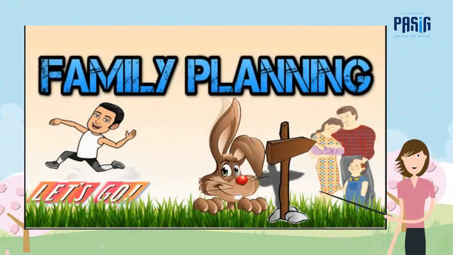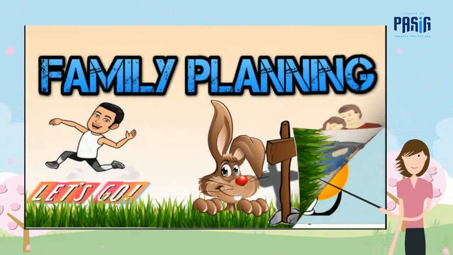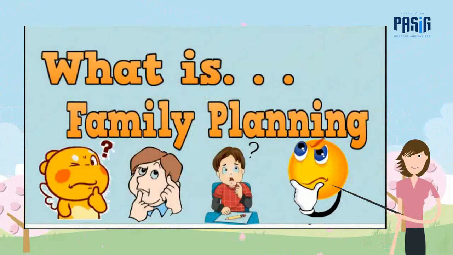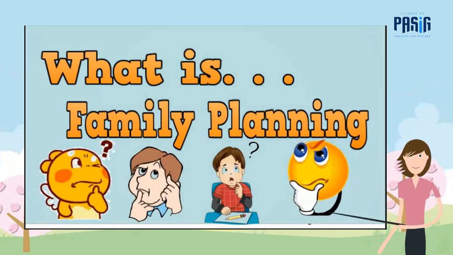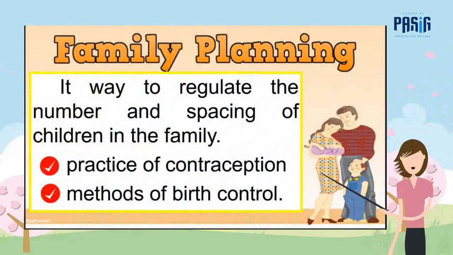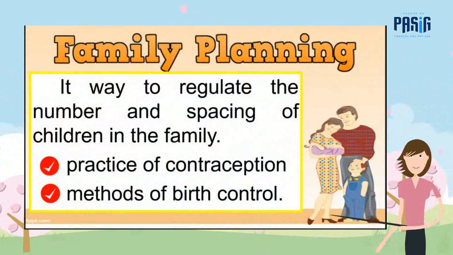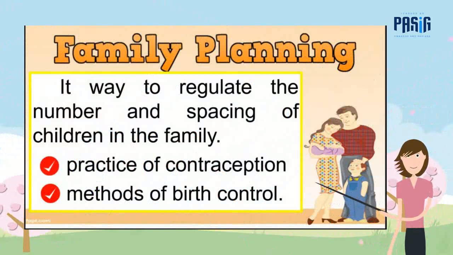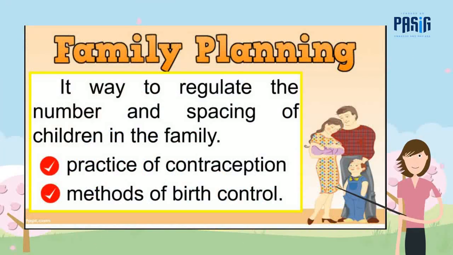Let's continue with family planning. The question is, what is family planning? It is a way to regulate the number and spacing of children in the family. It is a practice of contraception and methods of birth control.